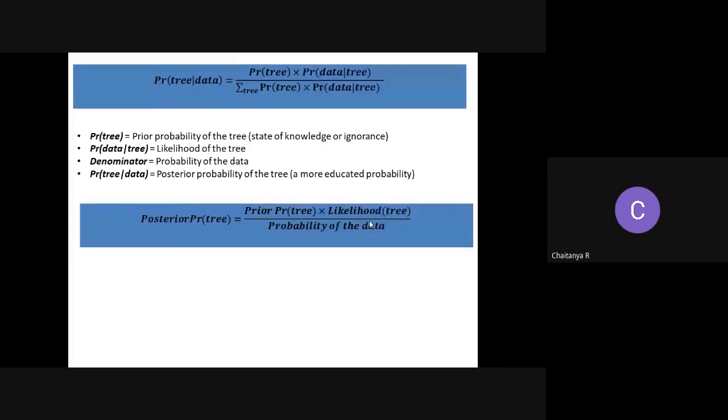Hello, I just lost your voice, Chaitanya. Even I can hear you. Something like an approximation of calculating a posterior probability, right? Sorry, Chaitanya, I didn't hear you properly before that.